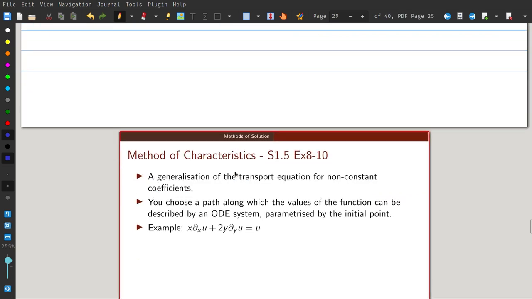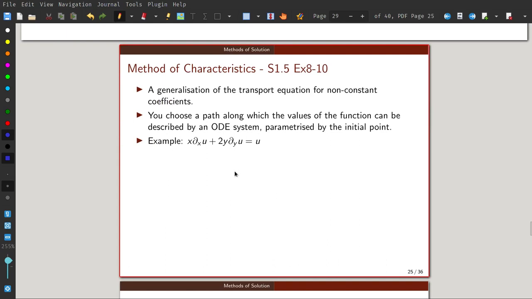Okay. So there are two things you can generalize from this. One is the method of characteristics and to solve other first order systems. And of course, you can also generalize this to more general wave equations, which we'll deal with next. So the method of characteristics is a generalization of the transport equation where you don't have constant coefficients.